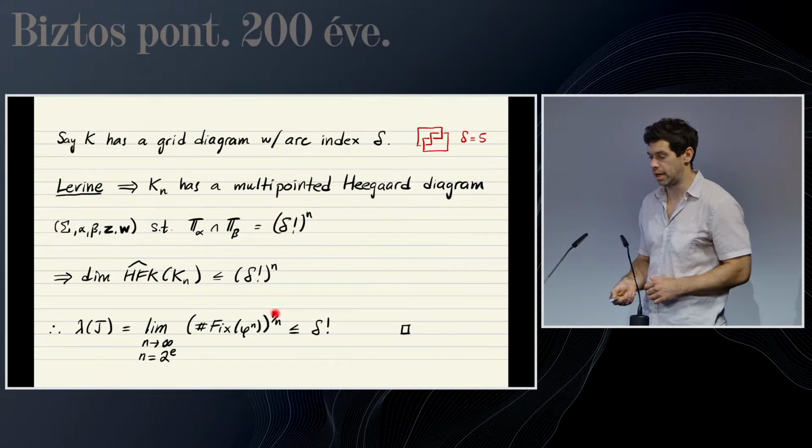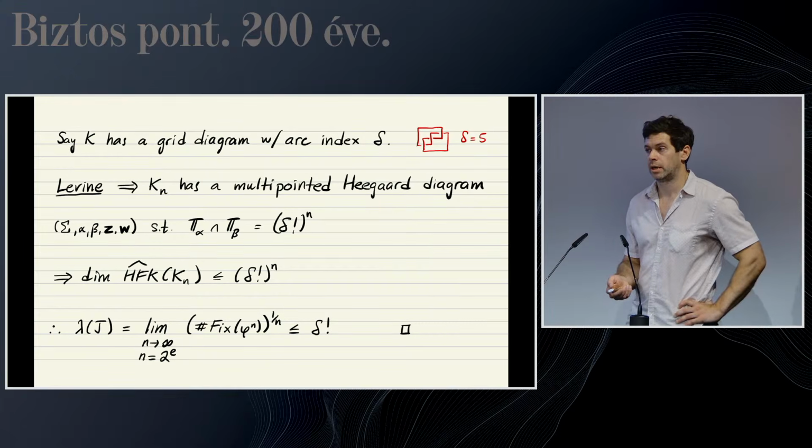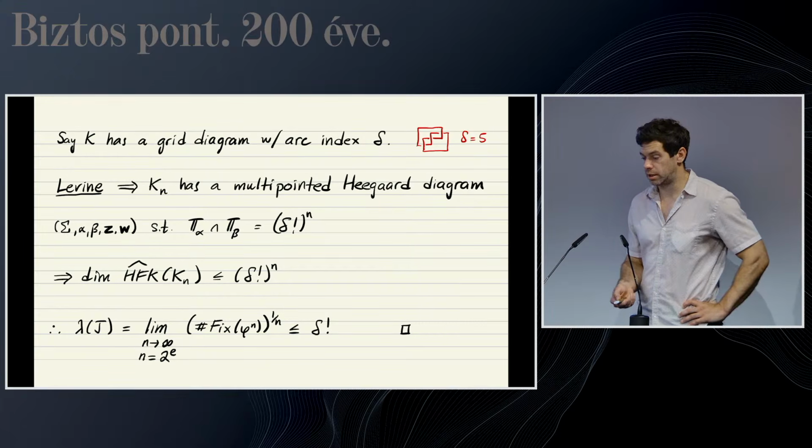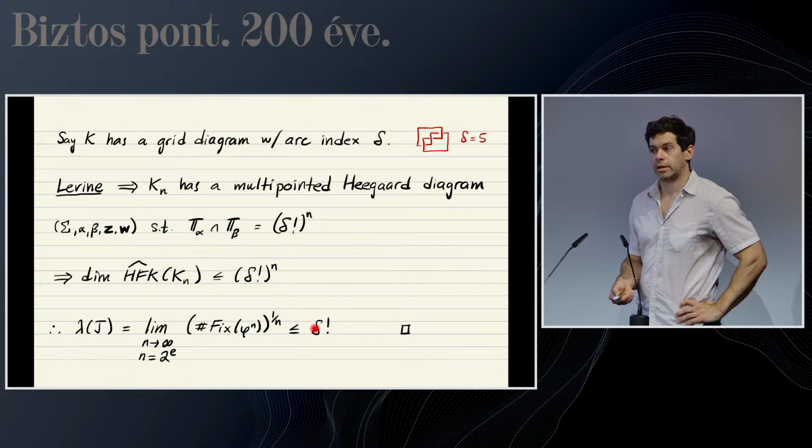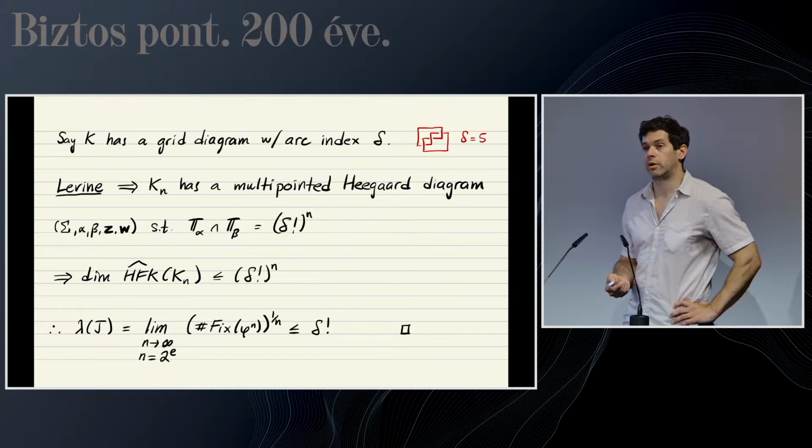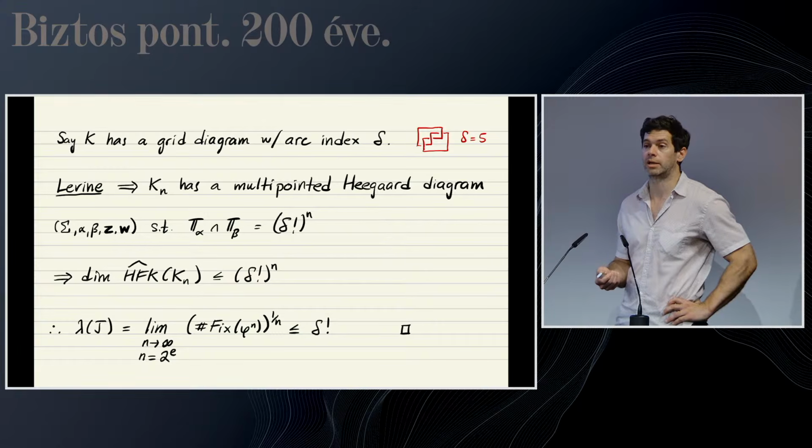So when we take the nth root, we just see that that's less than or equal to delta factorial. So we've bounded the dilatation of the monodromy of our knot J in terms of this quantity which depends only on K, right? And this is what allows us to conclude there are only finitely many fibered hyperbolic J that are ribbon concordant to our fixed knot K.